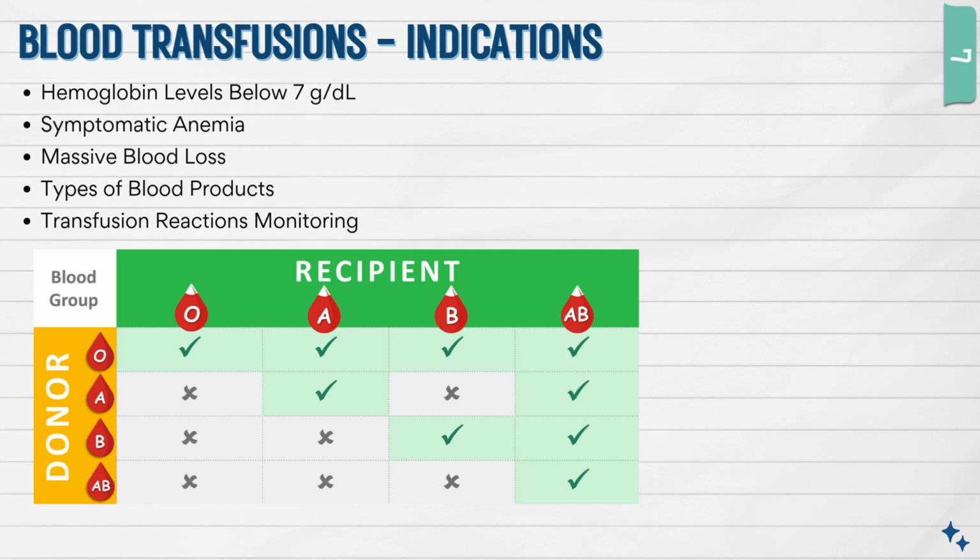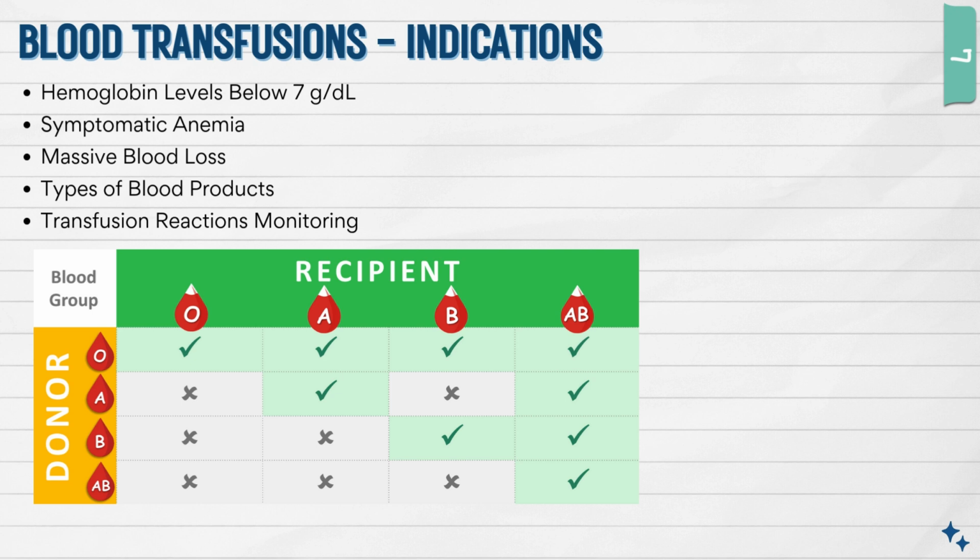It could be mild, like hives, itching, flushing. It could also be severe, like anaphylaxis. They can also have back pain, dark urine, hypotension, acute kidney injury. That's truly when the receiver's immune system is attacking the transfused red blood cells.